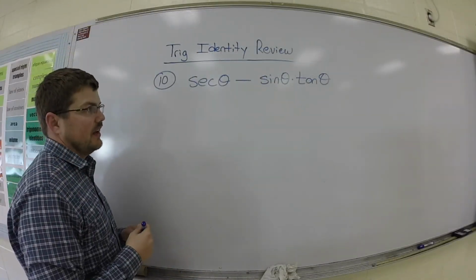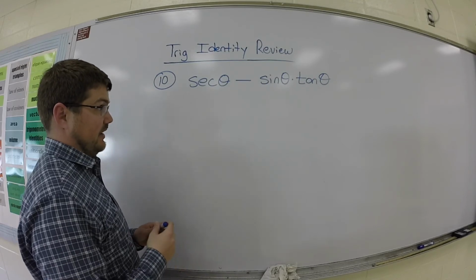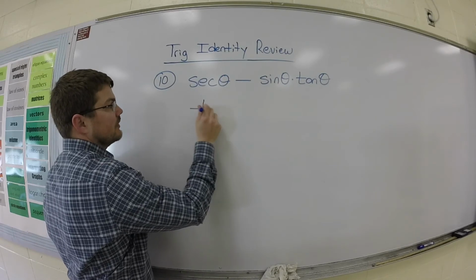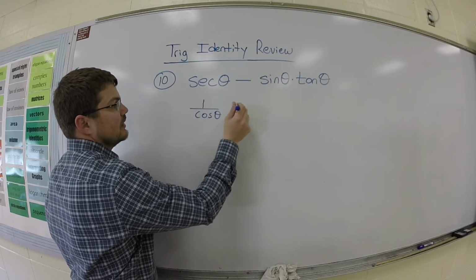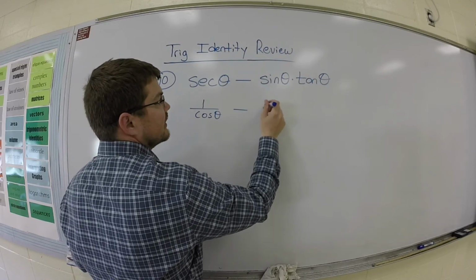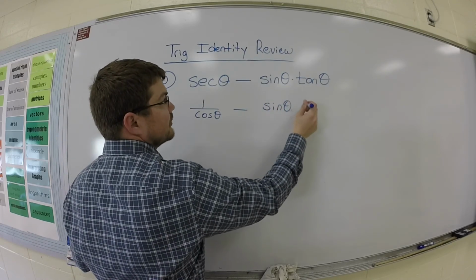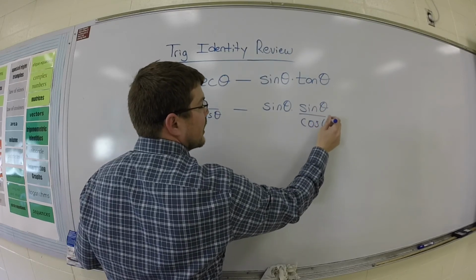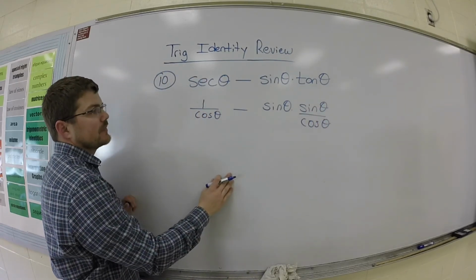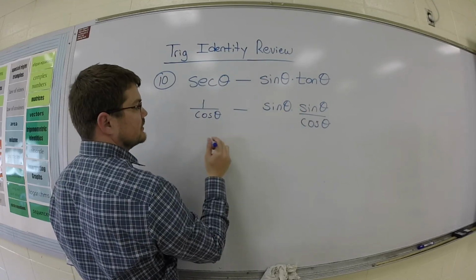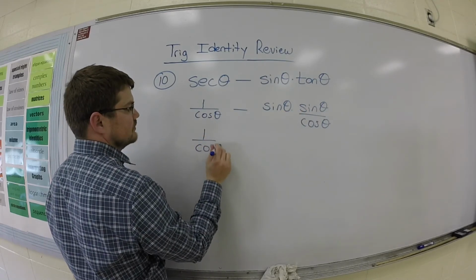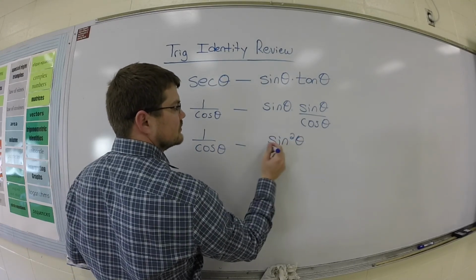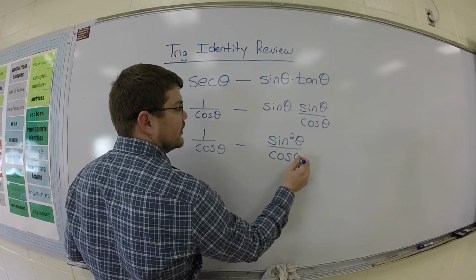Number 10, secant theta minus sine theta times tangent theta. Let's change secant and tangent. That's 1 over cosine theta minus sine theta times sine over cosine. Let's multiply these two. Now we have two fractions.